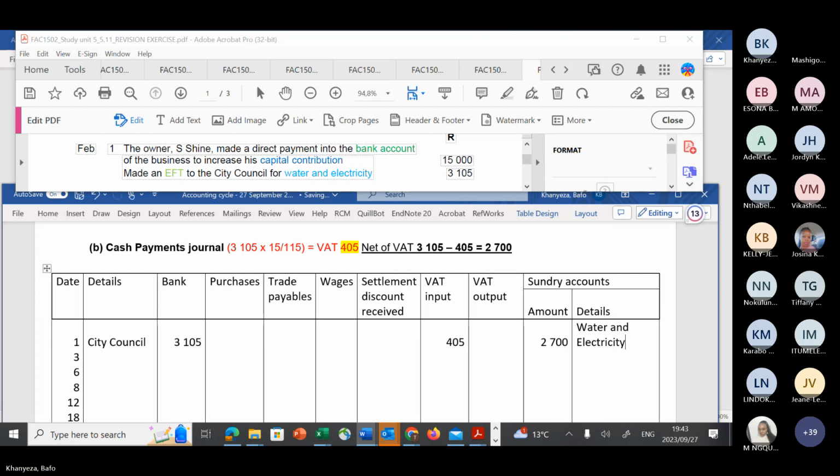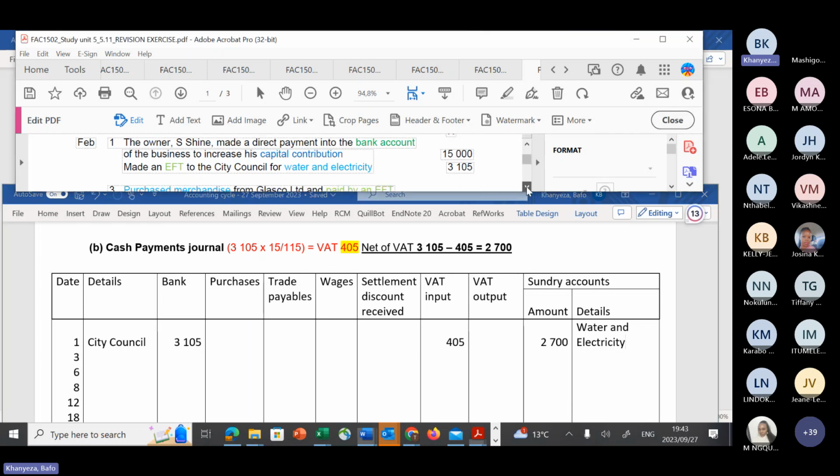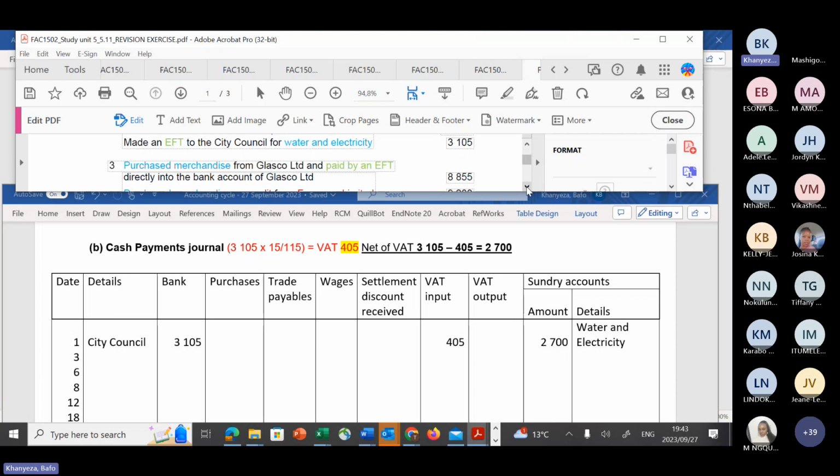We are done with this transaction of City of Tshwane. We are moving to the next transaction. Purchased merchandise from Glasgow Limited and paid by EFT.